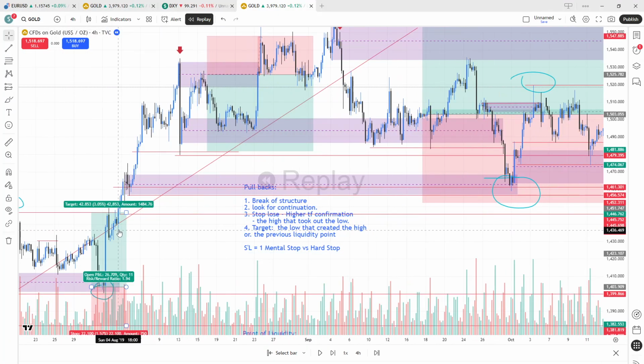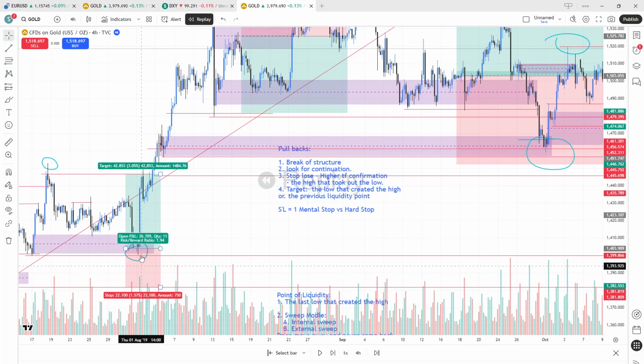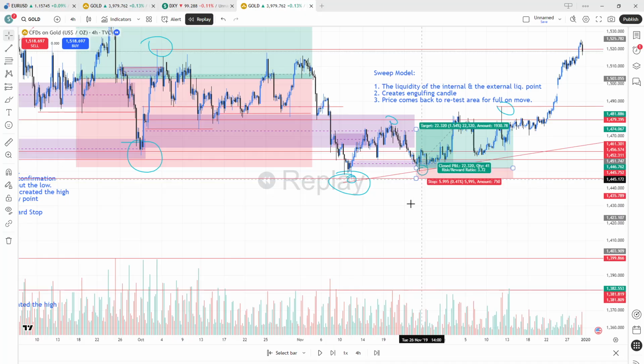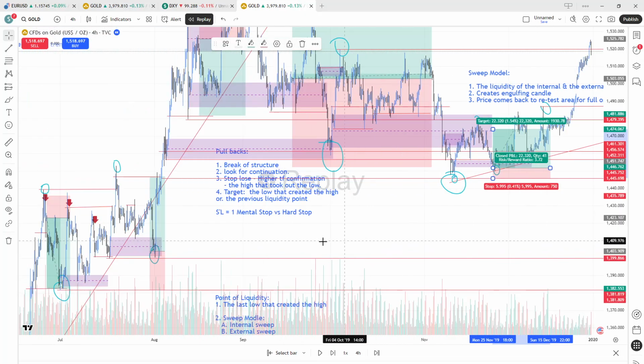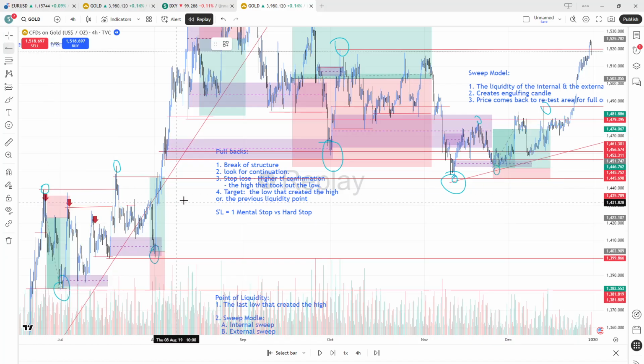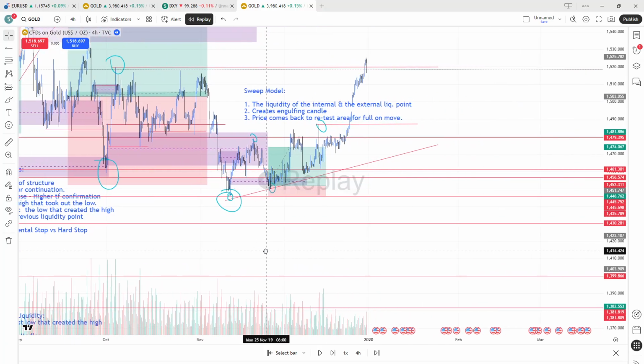Our stop loss would be here, right? Full on move. Mental stop would be here. Our hard stop would be this high that created this low, hard stop.